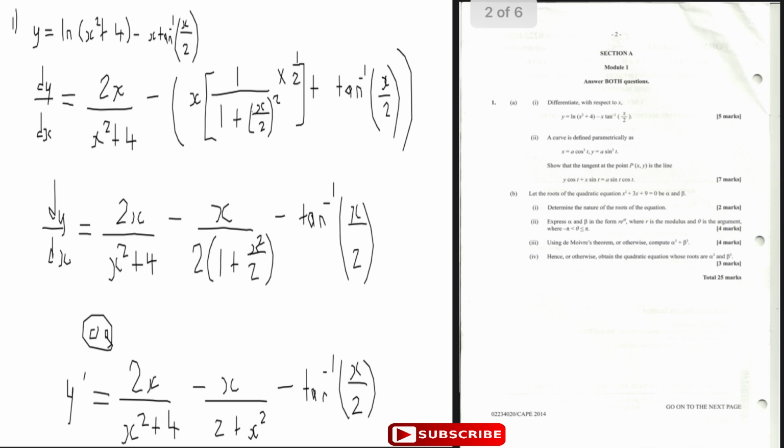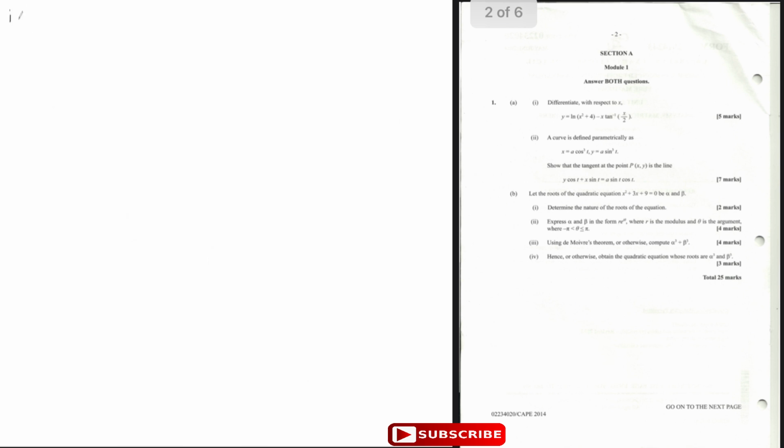Now let's look at part 2. For part 2, it is saying now, a curve is defined parametrically as x is equal to a cos cube t and y is equal to a sine cube t.